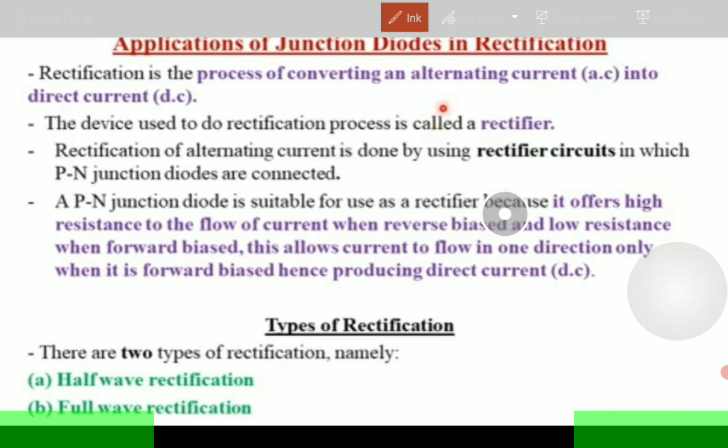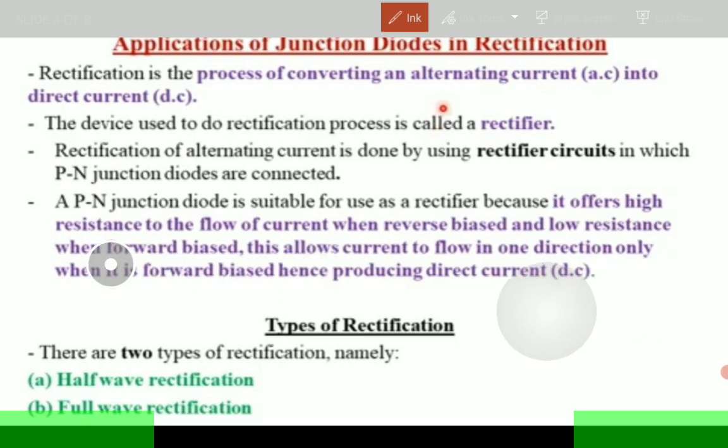Remember that when connected in a reverse biased mode, it offers very high resistance to the flow of current. But when it is connected in a forward biased mode, it has low resistance so that it allows current to flow in one direction only.